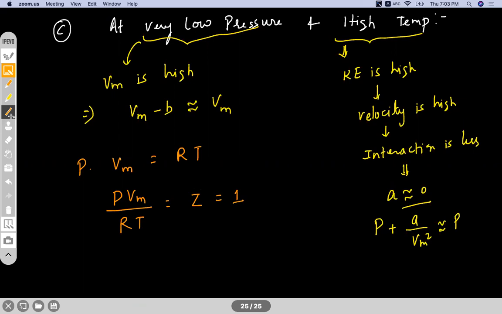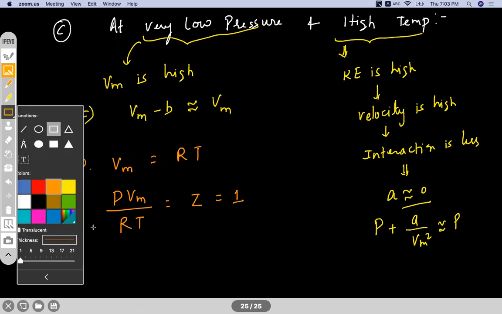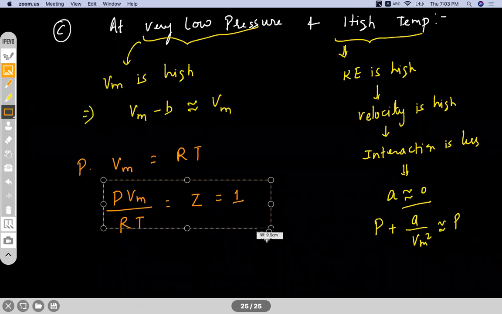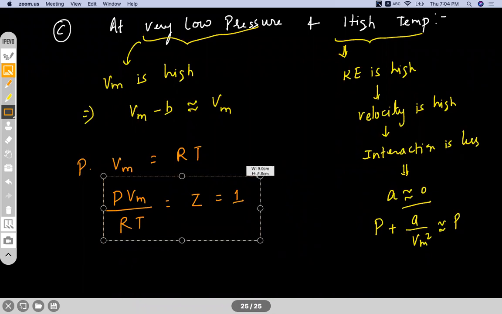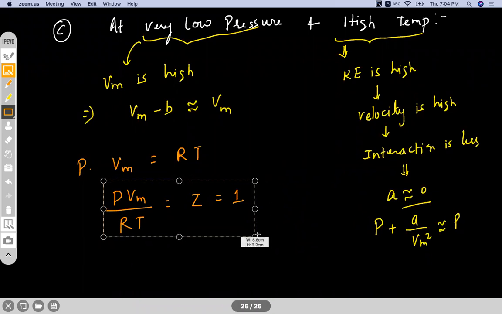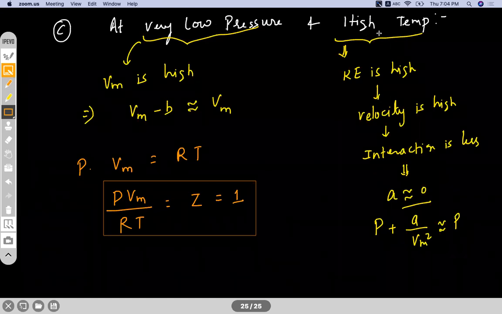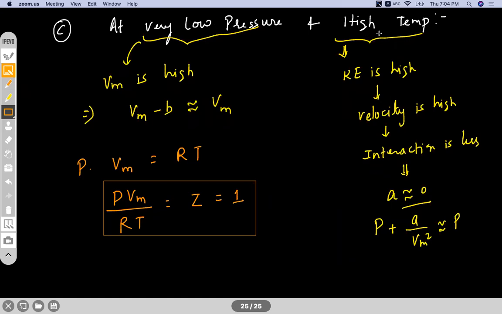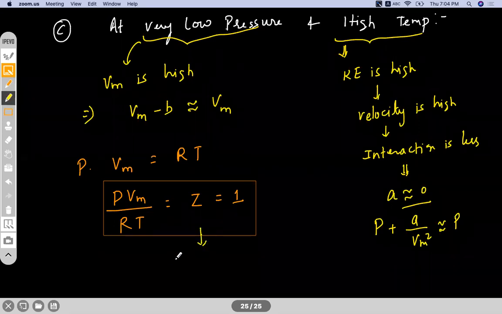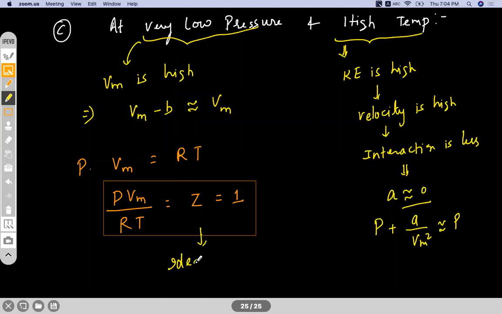And this is the condition of ideal gas behavior. Remember, in the beginning I said that any gas at low pressure and high temperature behaves as an ideal gas, and this is because the value of the compressibility factor here is coming out to be 1.